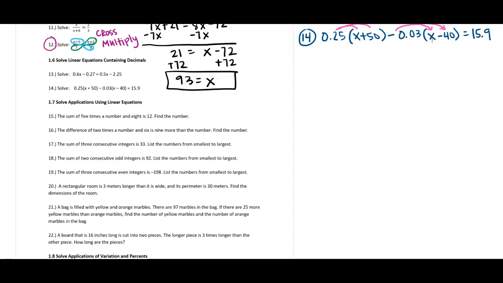You should come up with a whole number answer on this. There shouldn't be a decimal left in your answer, so just a little hint. Make sure you did it right.